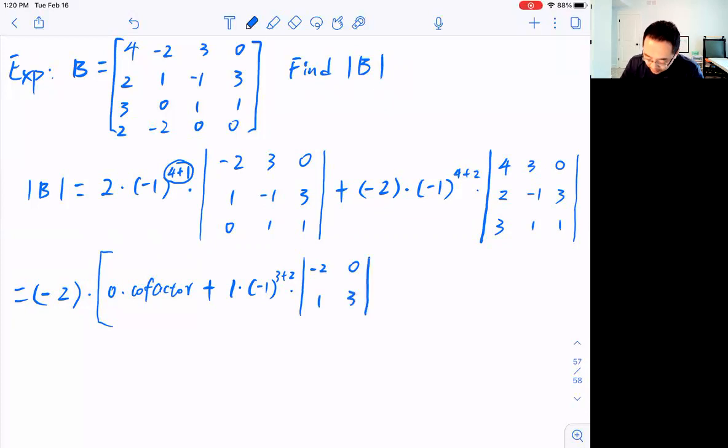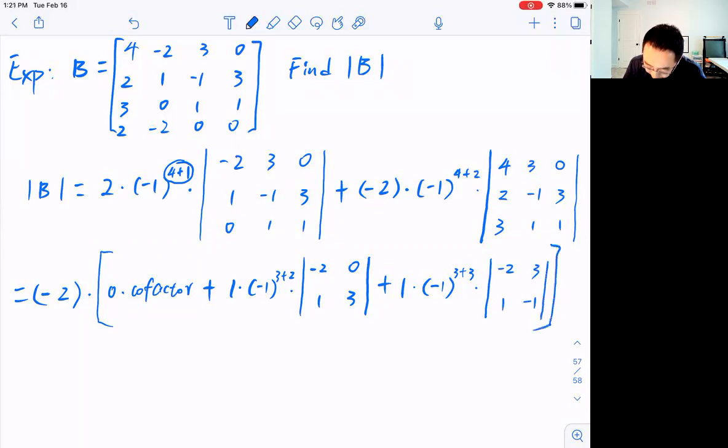And then plus the third one right here, 1 times -1 raised to the third row plus third column, times its minor, which is by eliminating the third row and the third column. So we have that 2 by 2 matrix, which is -2, 3, 1, and -1.